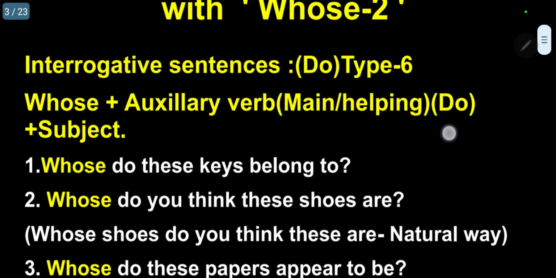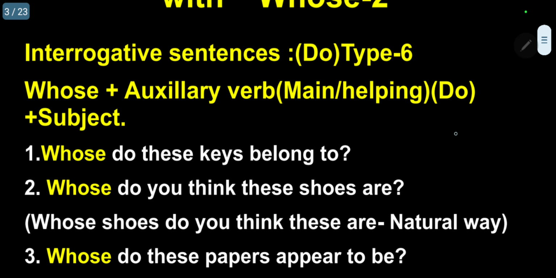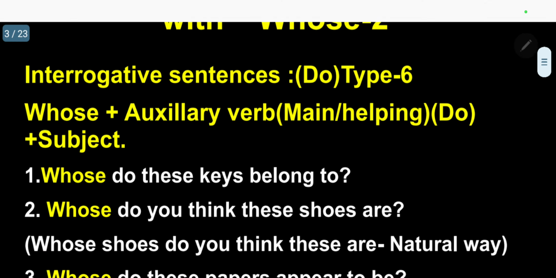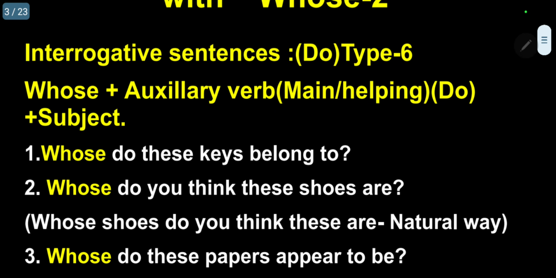Now, I have already explained the introduction in part 1. So, avoiding that introduction, let me go directly to the auxiliary verbs.